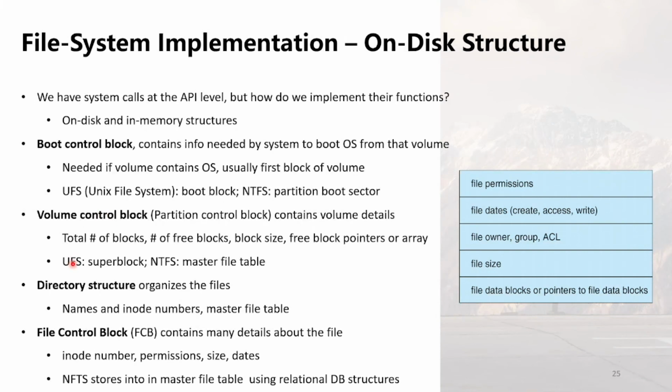Notably, this partition control block is called a super block in the UFS system, and the master file table in the NTFS system. After partitioning the hard disk, we usually format most of the partitions and provide them for directories and files to use.